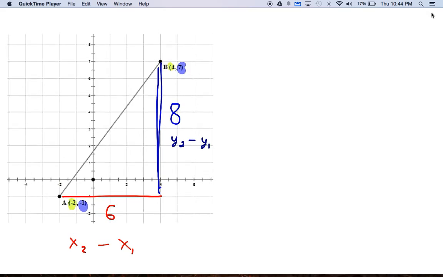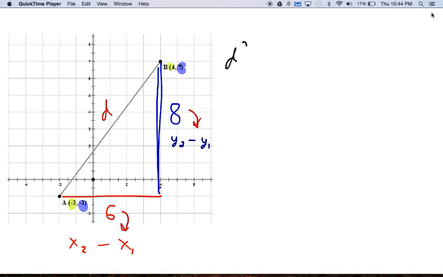Why is that important? Well, remember that we ended up squaring these numbers to use the Pythagorean theorem. So let's call this, I know I called it C last time, but I'm going to call it D for distance this time. So this is kind of like A, and this is kind of like B. So watch how I write my new equation now.